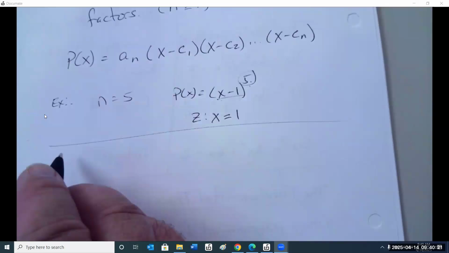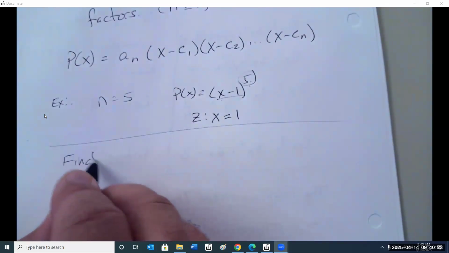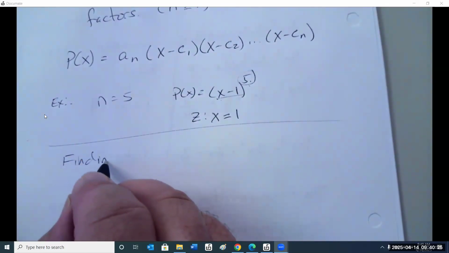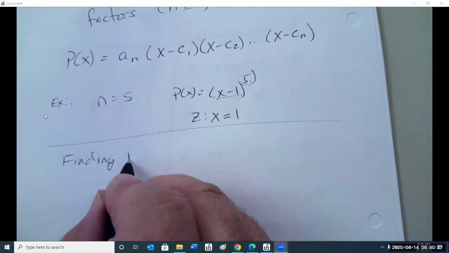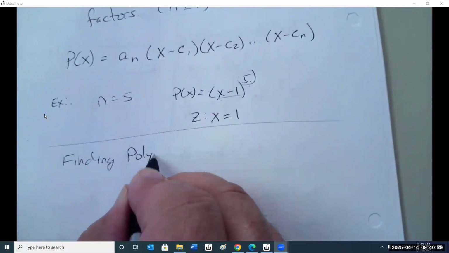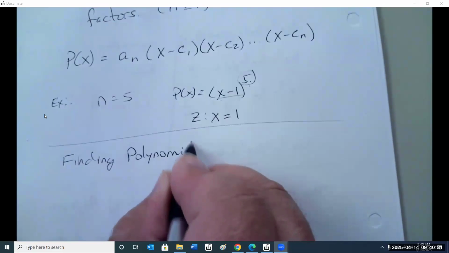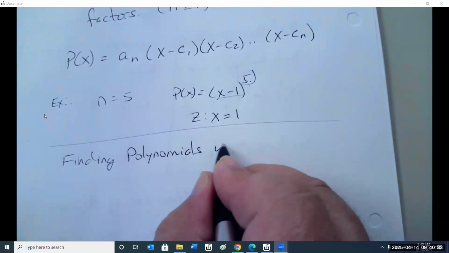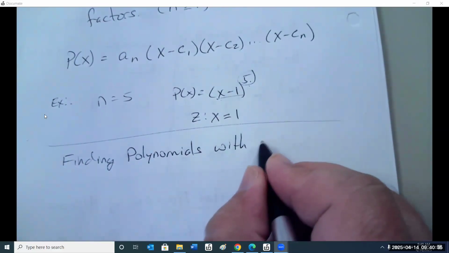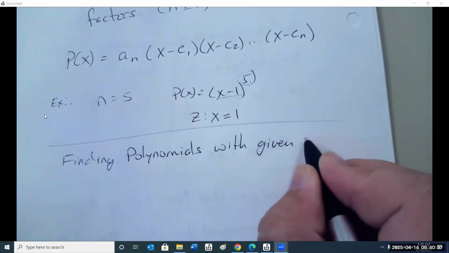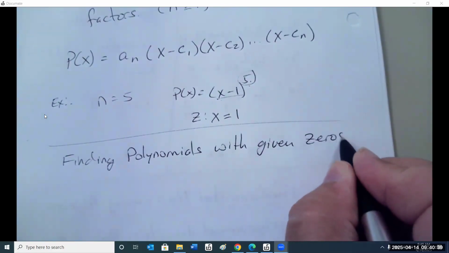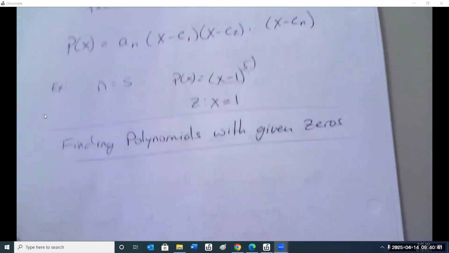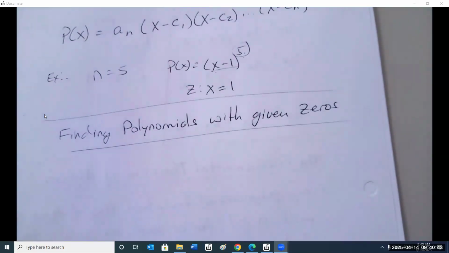Now, finding polynomials with given zeros. What does that mean?